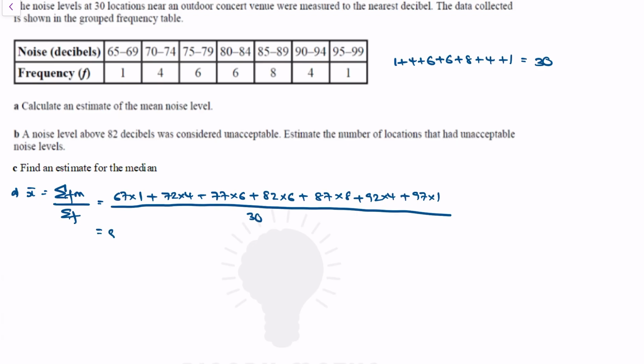We get 82.3 recurring, which is 82.33, and the units are decibels.